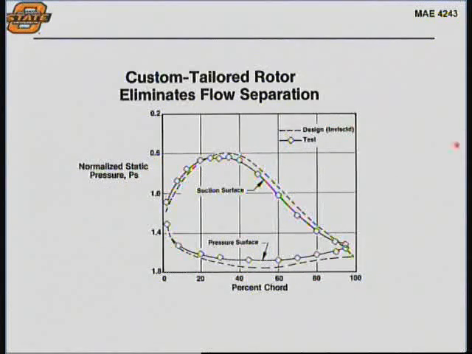And so you can see what the inviscid design might look like, and then the test. Even using inviscid flow codes, you can get pretty good predictions of what the compressor aerodynamic loads are on each airfoil. Remember, those loads are going to ultimately determine how much work is being put into the flow.